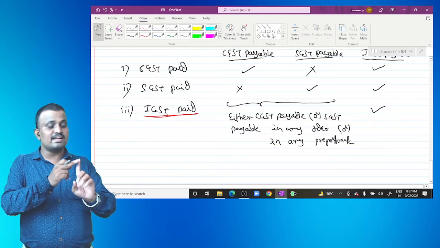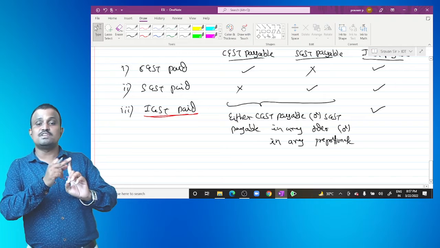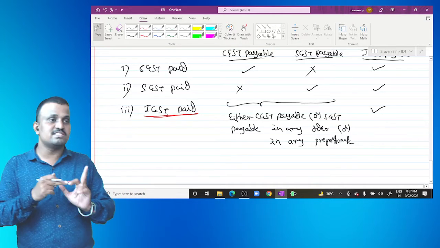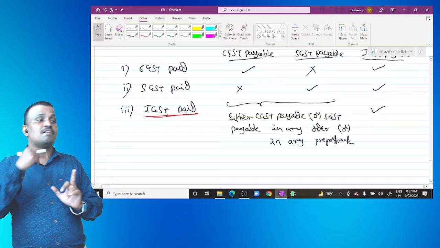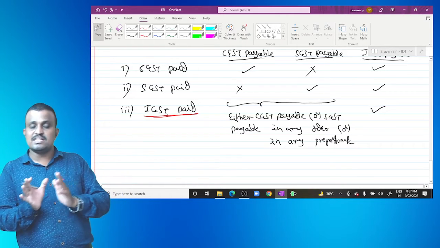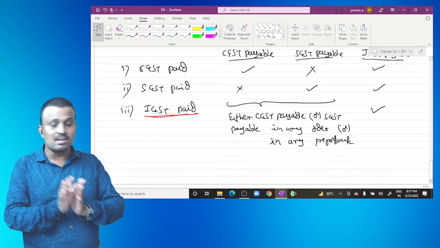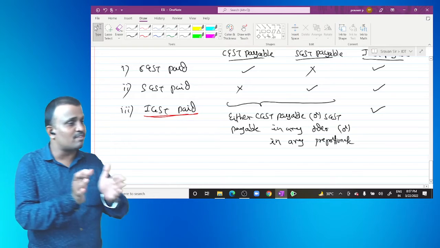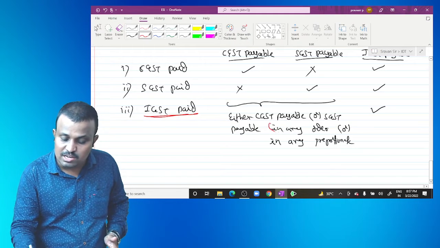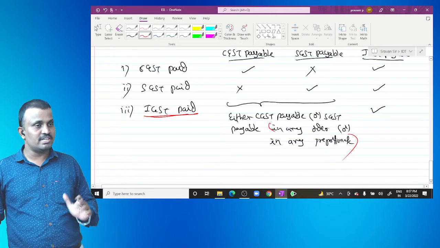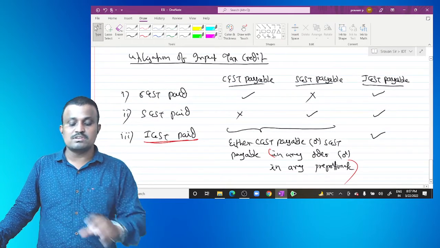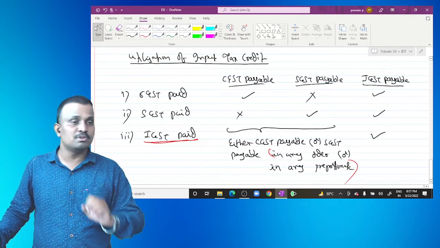I can first adjust against CGST payable and then against SGST, or first against SGST payable and then CGST, or 50% against CGST and 50% against SGST, or 60% against CGST and 40% against SGST. That is the meaning of in any order or in any proportion. This is the process of utilization of input tax credit.